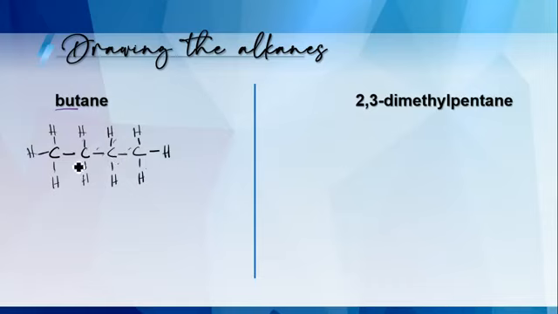If you were to write the chemical formula for this one, it is C4H10. This one is for butane. Would you like to try the second one? How to draw 2,3-dimethylpentane?